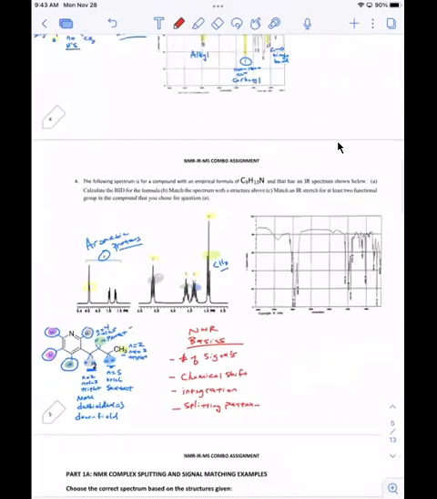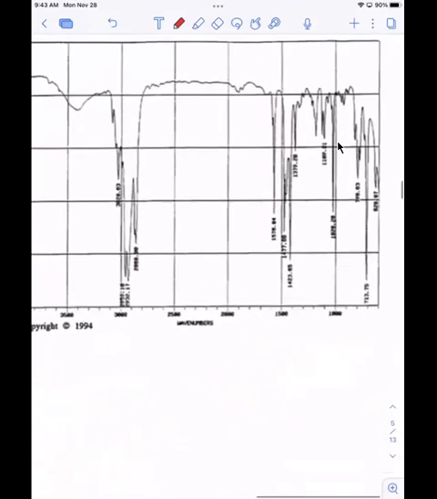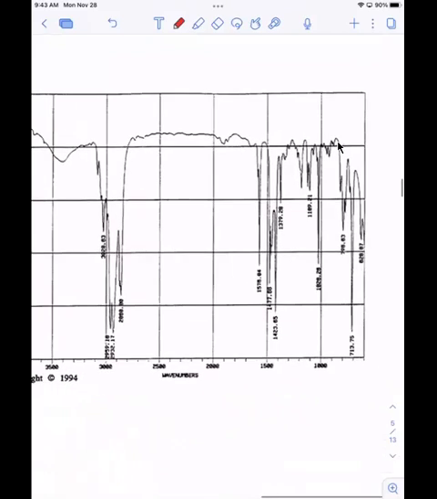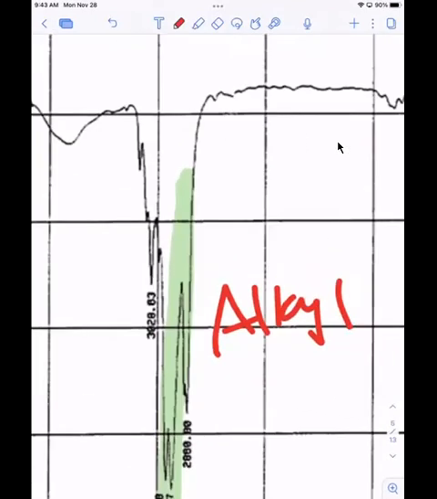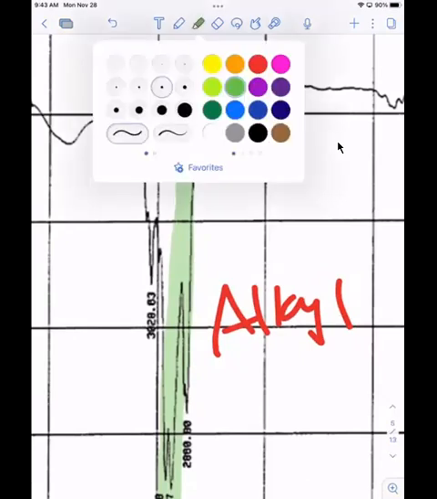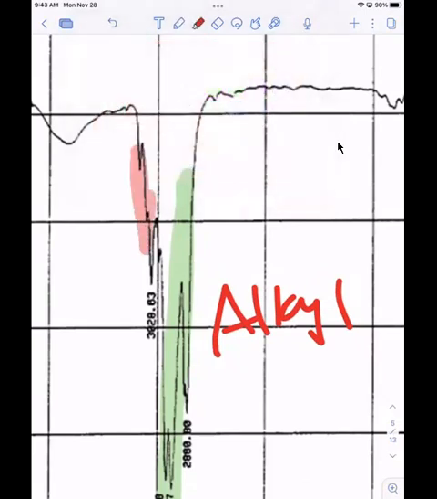All right, any questions about this example? Right, so let's look at the infrared real quick. So you have a bunch of stuff in here. You got all this alkyl stretching. And then buried underneath that, this is why you can't use infrared definitively to determine the structure of a molecule, because buried underneath that is the aromatic stretch, which is right here.